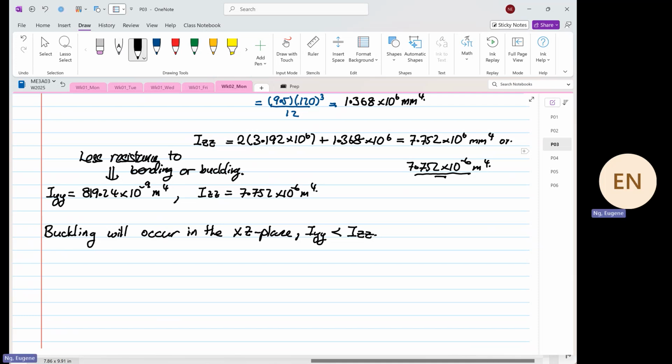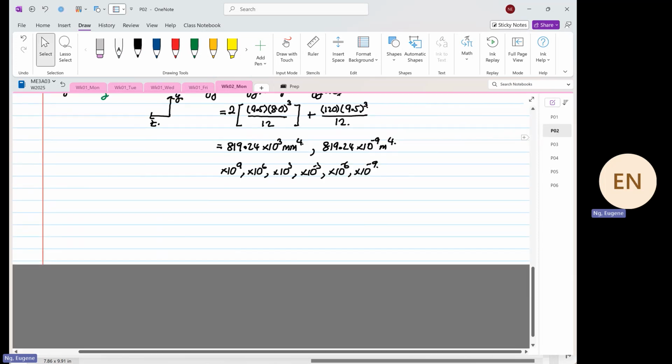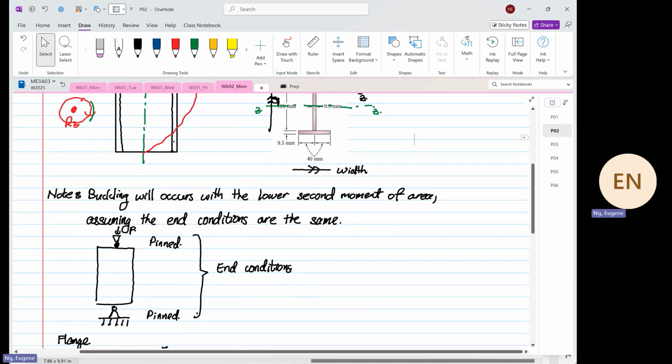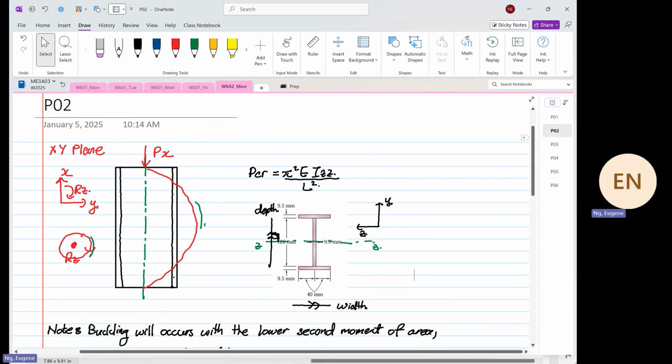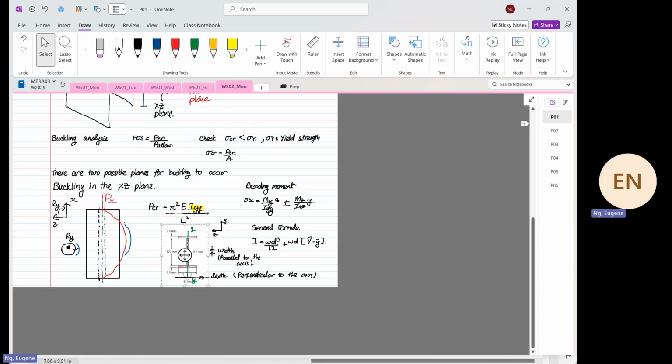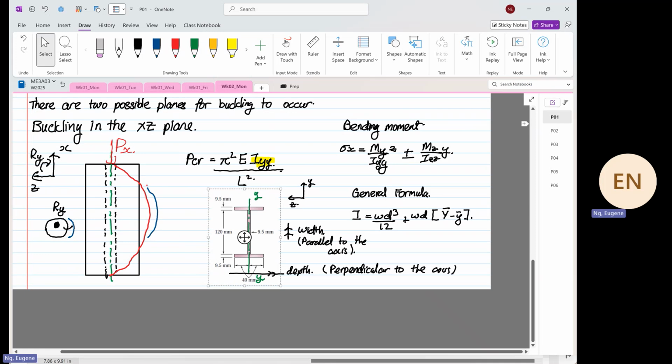So when this is the case, we realize that buckling will occur in the XZ plane. If you look at this diagram over here, we draw the XZ plane. So buckling now will occur looking like this. That is our XZ plane.